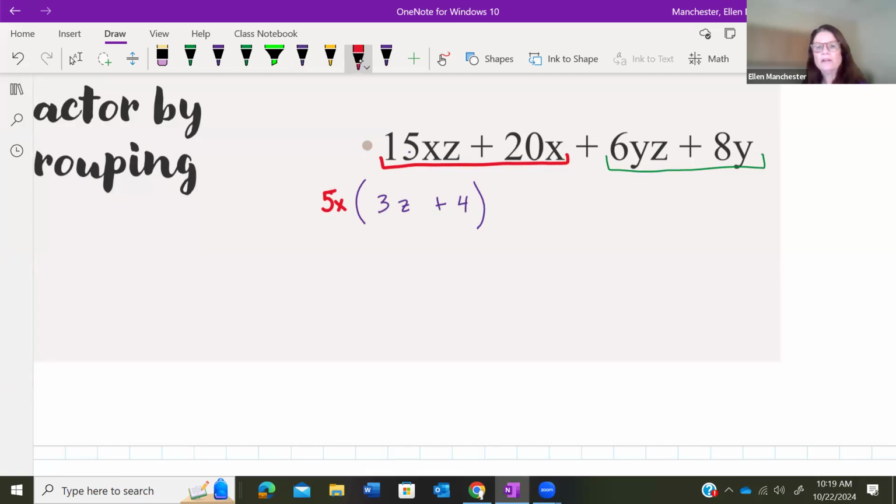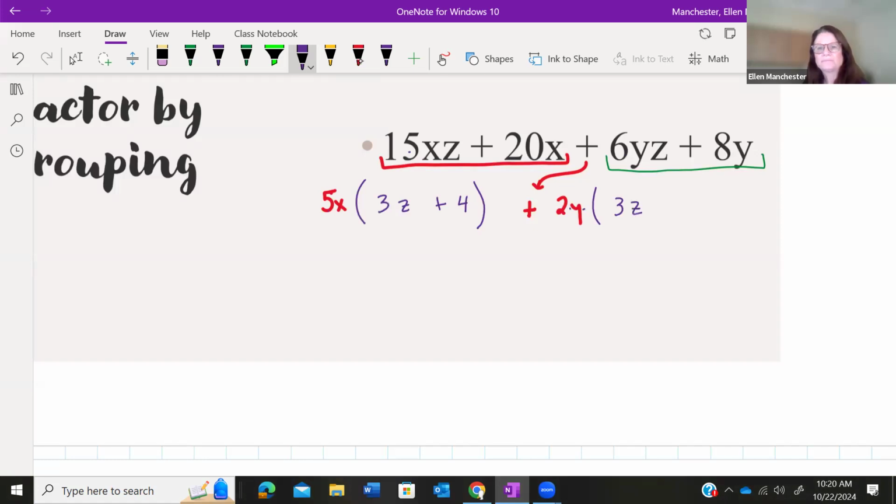Now I'm going to jump over here. I'm going to use this sign, whatever that middle sign is. And I go, okay, what is in common between 6yz and 8y? 2y, good. And what's left? 6 divided by 2 is 3. The y's cancel.